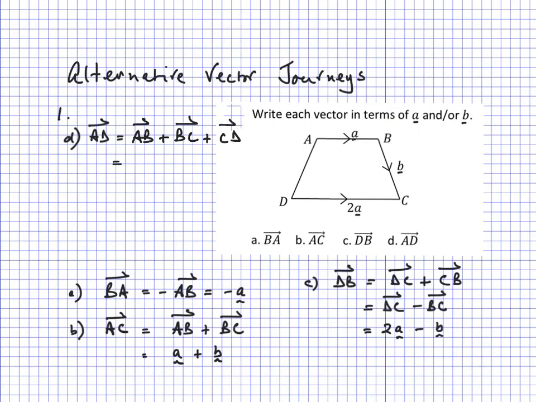So AB is fine, that's small a underline. BC is fine, that's small b underline. I hope you can see that CD is going to be minus 2a because we're going against the arrow. So if we simplify, a take away 2a is minus a, so it's b minus a.